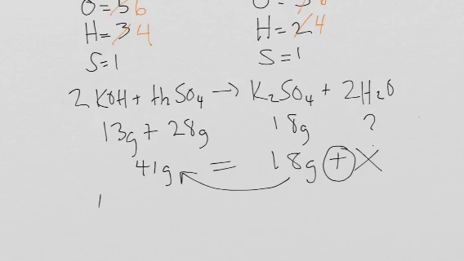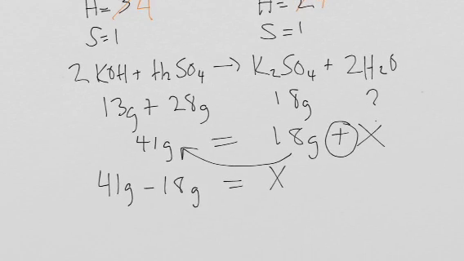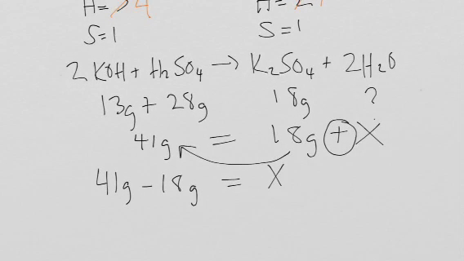So we end up with 41 grams minus 18 grams is equal to X, which is equal to what? 23. That means I'm going to produce 23 grams of water in this balanced equation, in this acid-base neutralization.